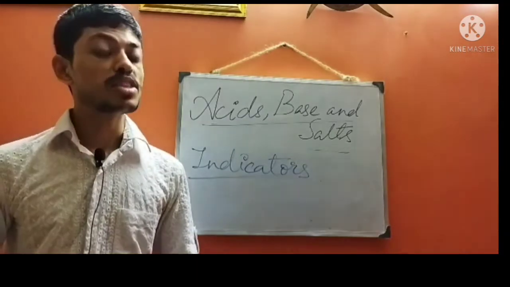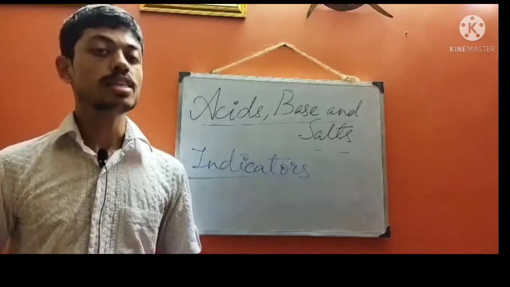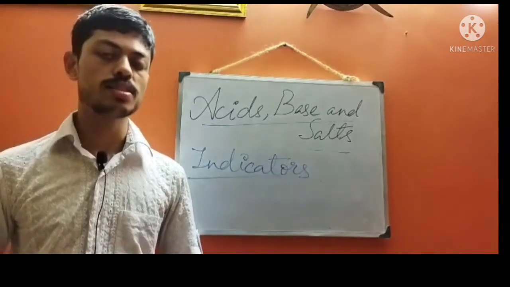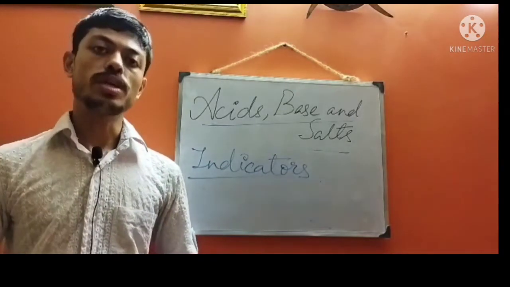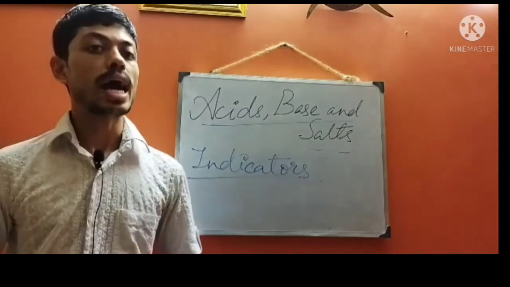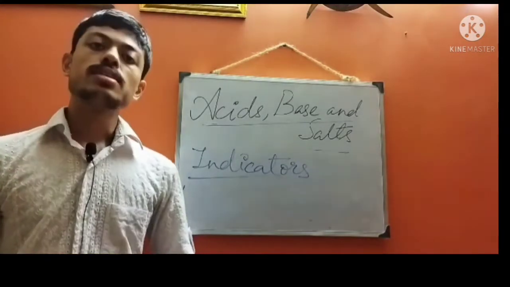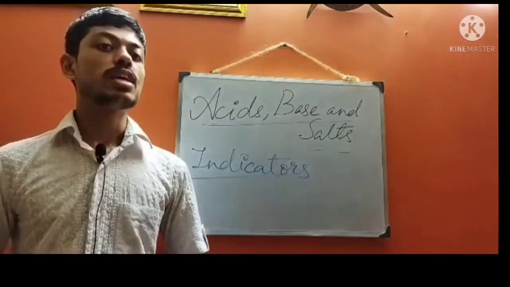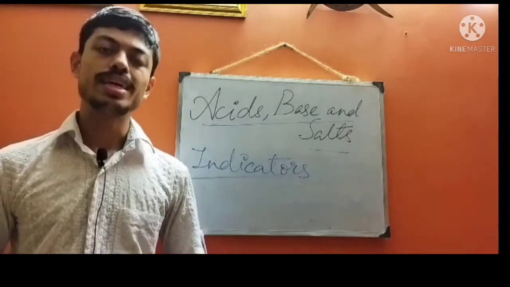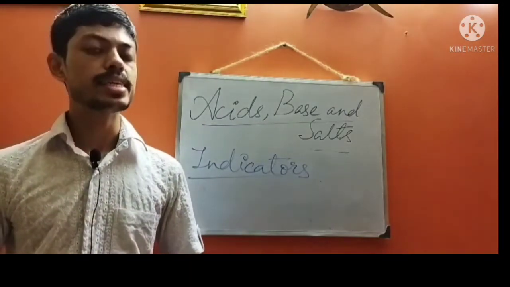Indicators are special type of substances which are used to test whether a substance is acidic or basic. It is a dye.